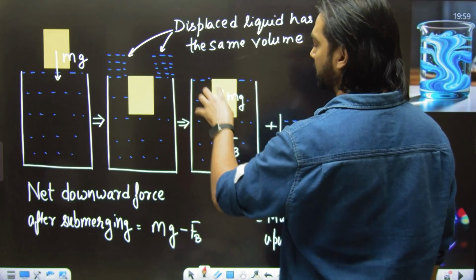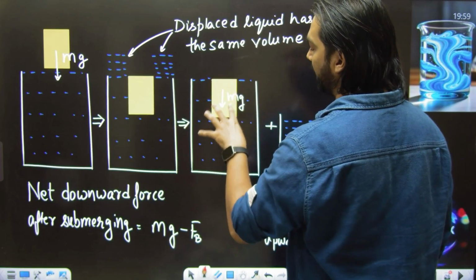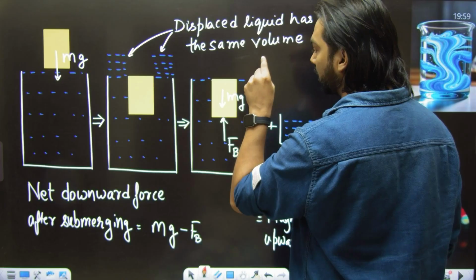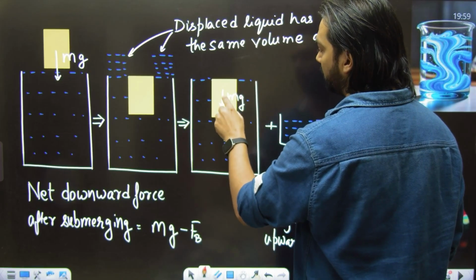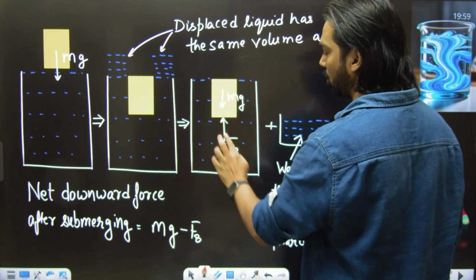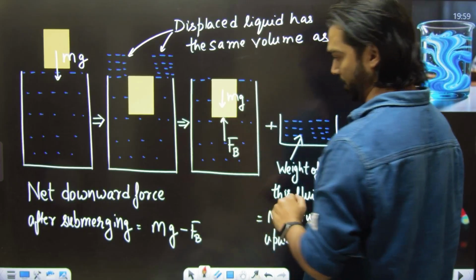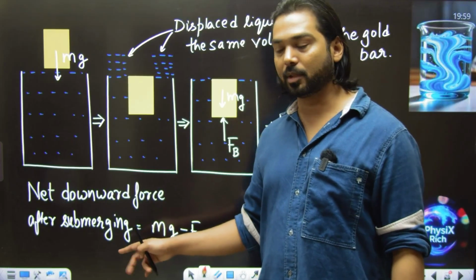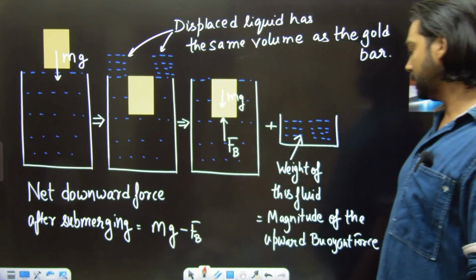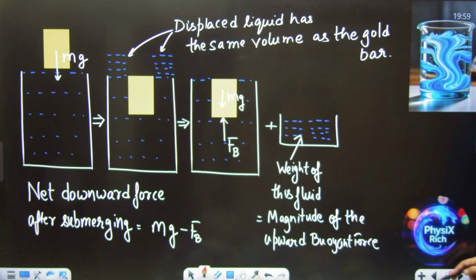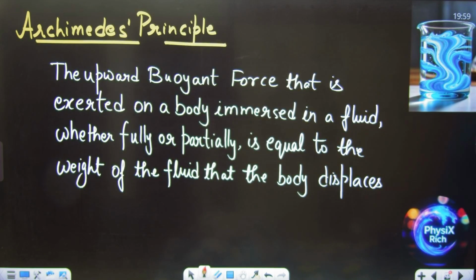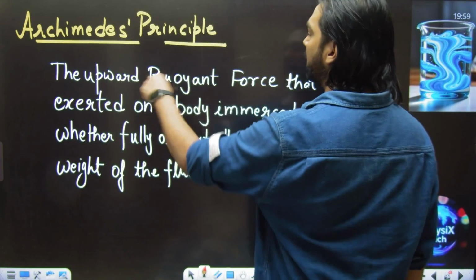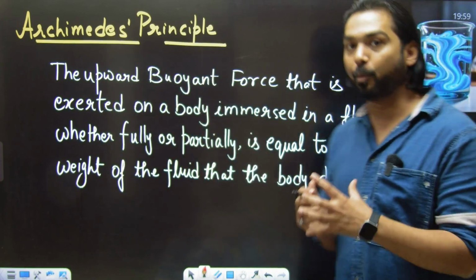And when this goes inside the fluid, we realize that not only does the gold bar experience an mg force downwards, but also a buoyant force upwards. So the net downward force after complete submersion is mg minus Fb. Now Archimedes' principle says that there is an upward buoyant force. So what's the meaning of buoyant force?